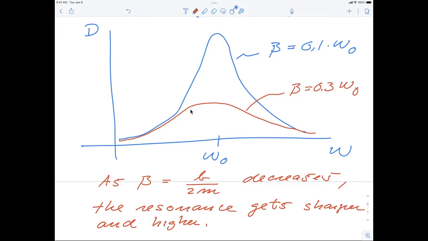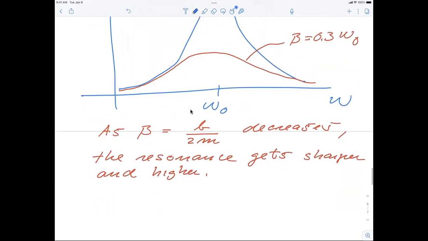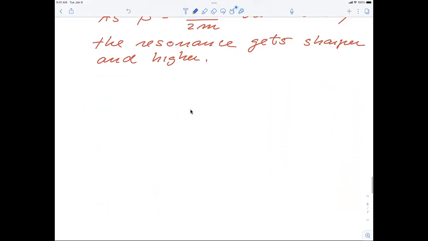So let's take a closer look at some further analysis of what we have done here. Now, what we said, we assume that omega is equal to omega 0.